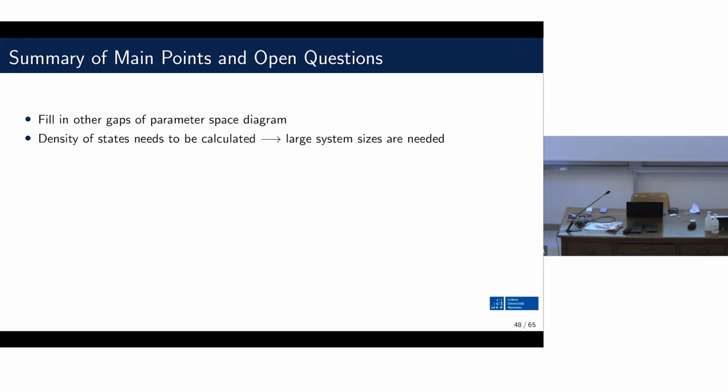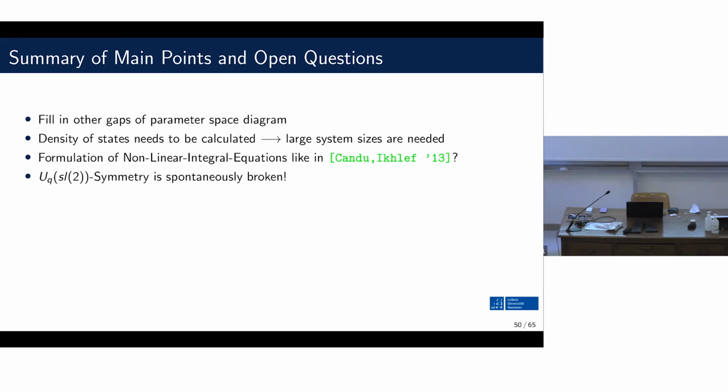However, to calculate these in the lattice, one needs to go to very large lattice sizes, which we haven't done, and which is actually better to do via nonlinear integral equations. This was done in the periodic case, and a matching of the density of states was observed. However, we haven't done that, so these are further directions.